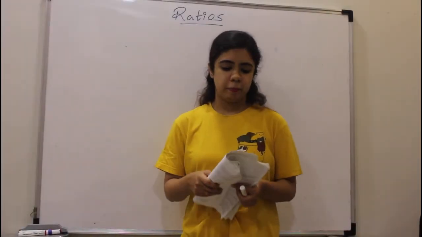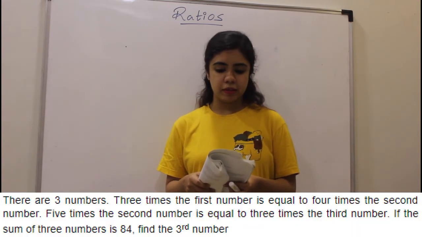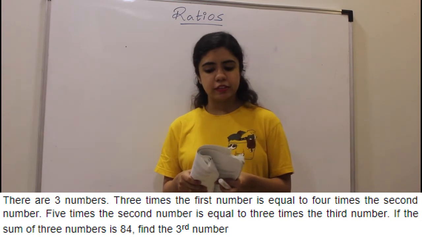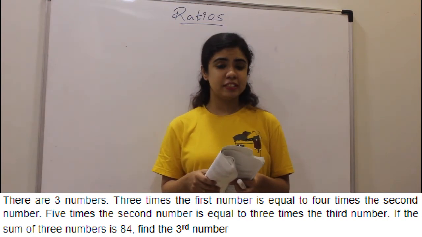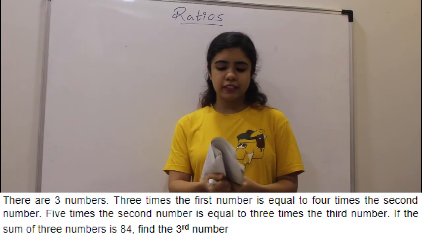What does it say? It says there are 3 numbers. 3 times the first number is equal to 4 times the second number. 5 times the third number is equal to 3 times the third number. If the sum of these numbers is 84, find the third number. So what are they saying?